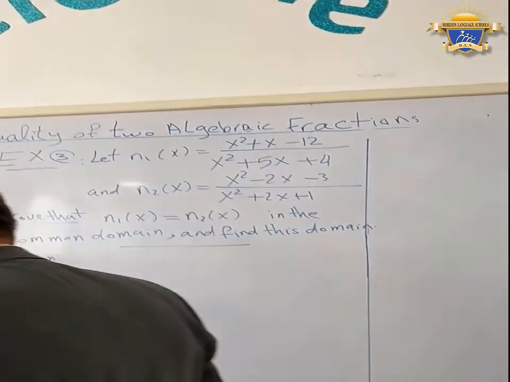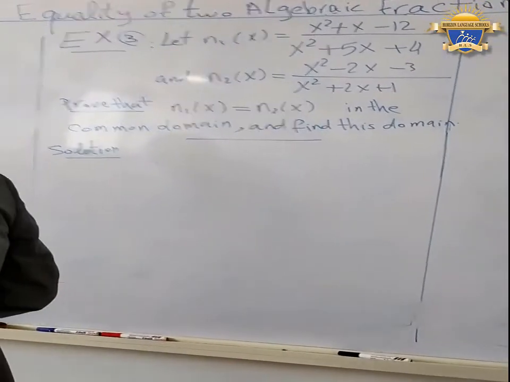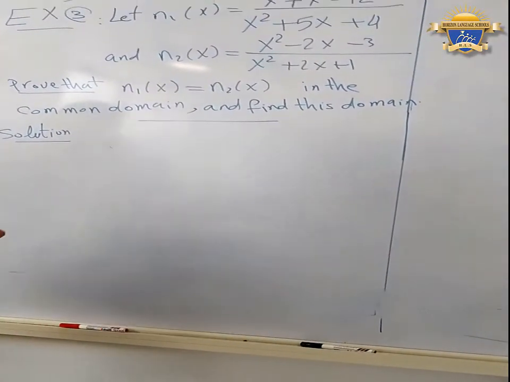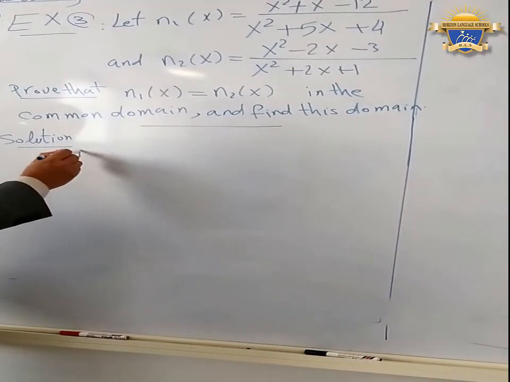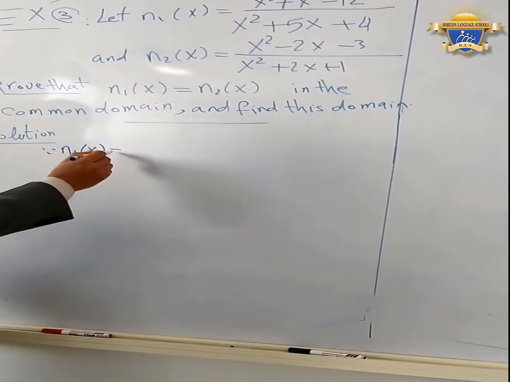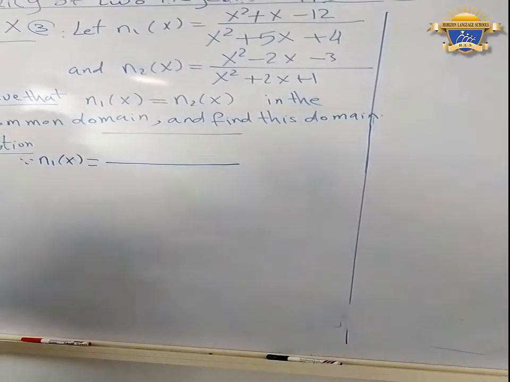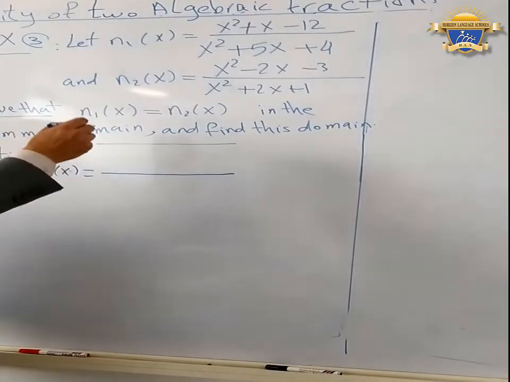The first step, as we know, is reducing each fraction. Since N1 of x equals, directly I will factorize each of numerator and denominator.